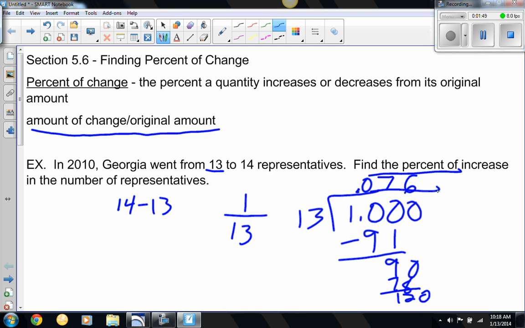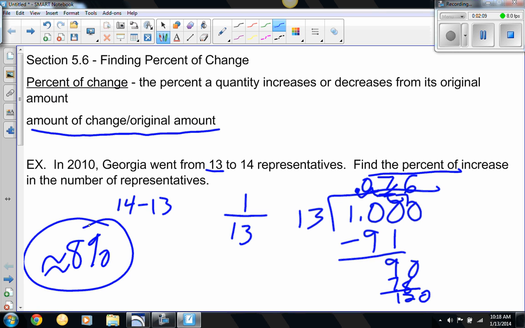Should probably go one more number just to see how this 6 would round. Well, if we're going to do it, let's just do nearest percent. So once I get it to a decimal, we're going to go 2 to the right, and here's my whole number then. So I look next door and it's 5 or bigger. So your answer is about 8%. Okay, it increased by about 8%.